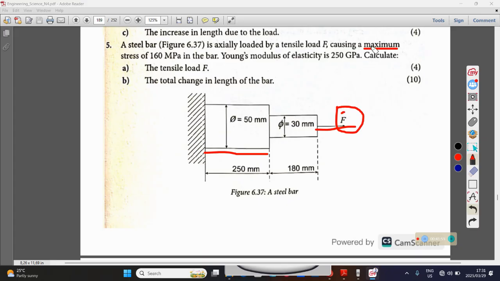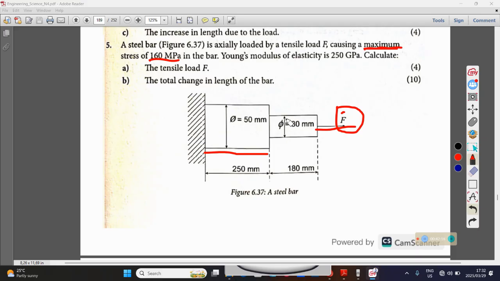So now the solution will rely on this, depend on this statement. So if you still remember very well, I said that if they give you the maximum stress, it means that that maximum stress is the stress for this portion that will have small area.